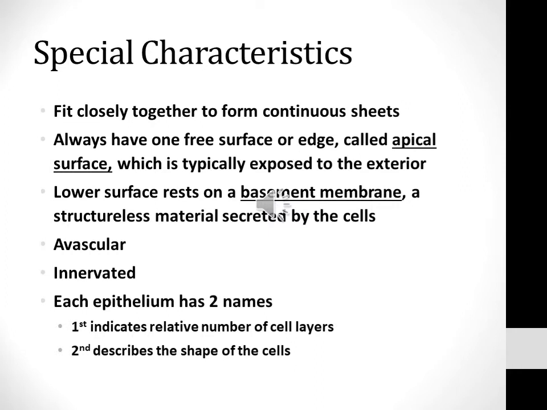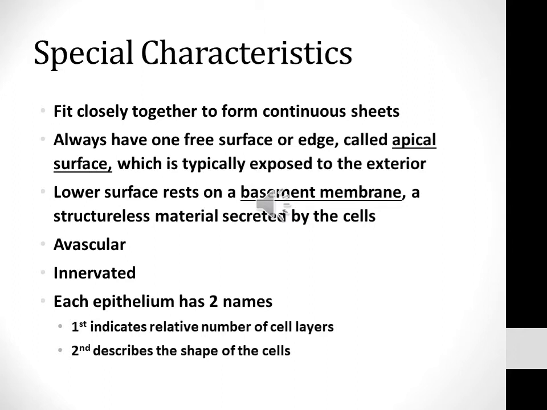So we have a number of special characteristics for epithelial tissues. They're going to fit closely together to form a continuous sheet, and it could be 1 to several layers of closely packed cells in thickness. They always are going to have one free surface exposed to a cavity, a lumen, or a surface known as an apical surface.